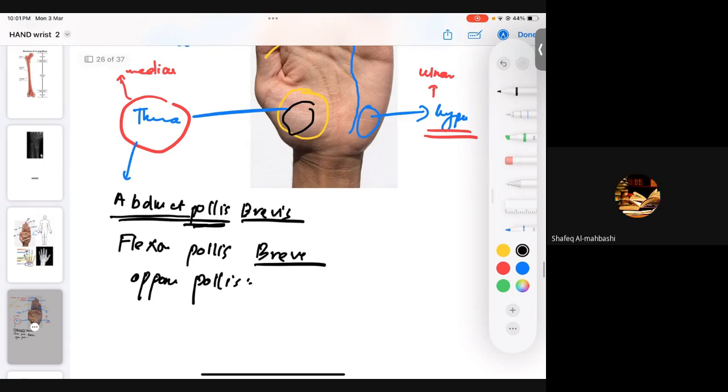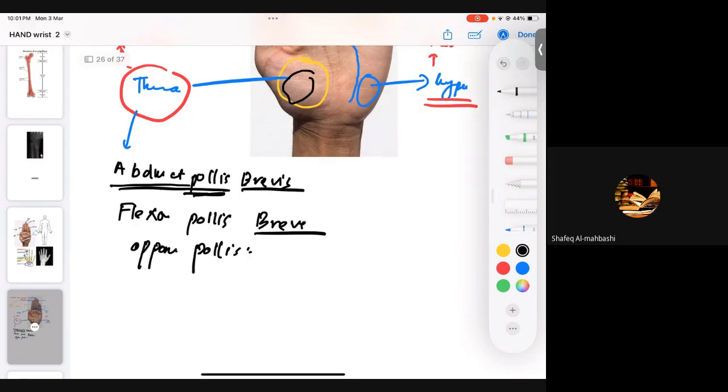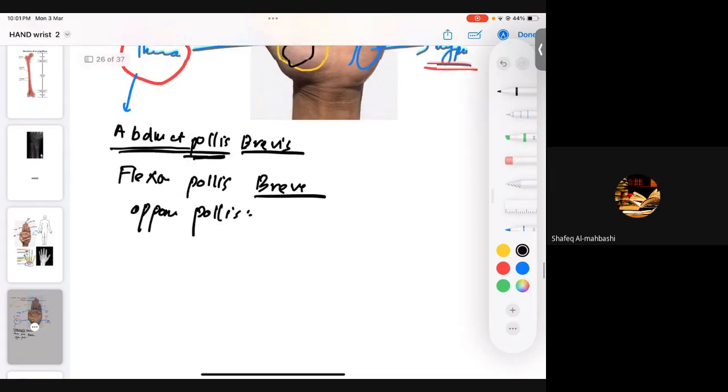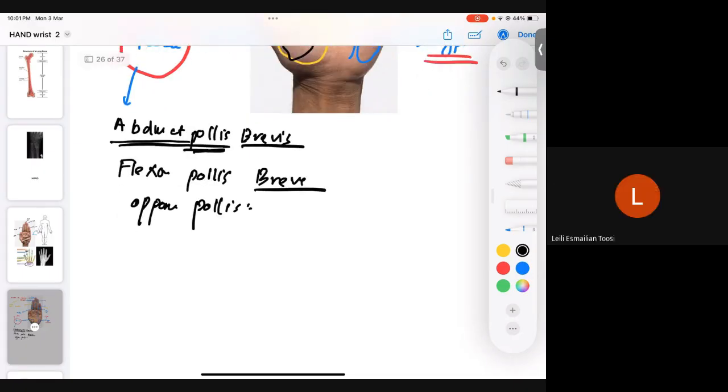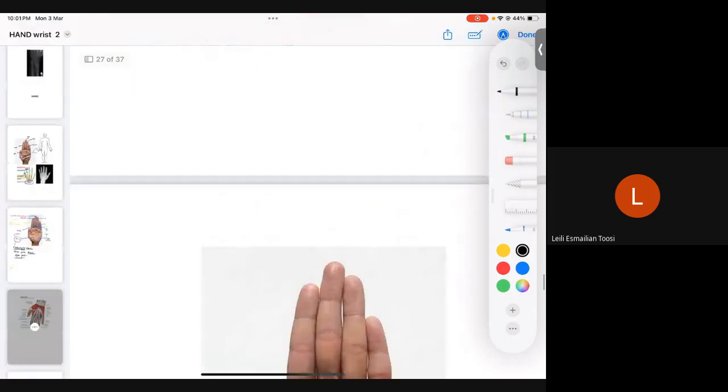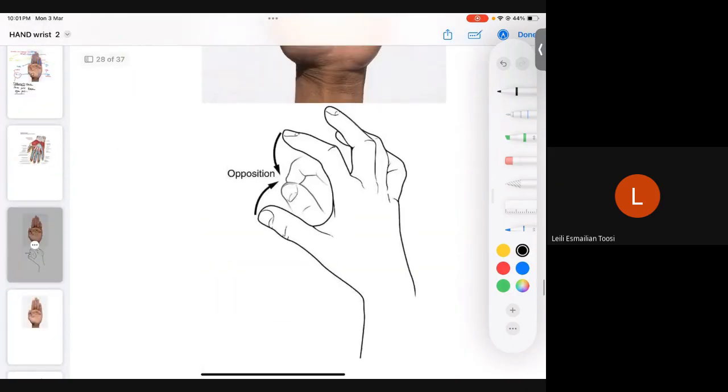Flexor pollicis brevis, can I say that it's a small muscle which flexes your thumb? Okay, opponens has opposition movement. What is opposition movement? If someone is counting his fingers with his thumb, this is known as opposition movement. Is that clear?